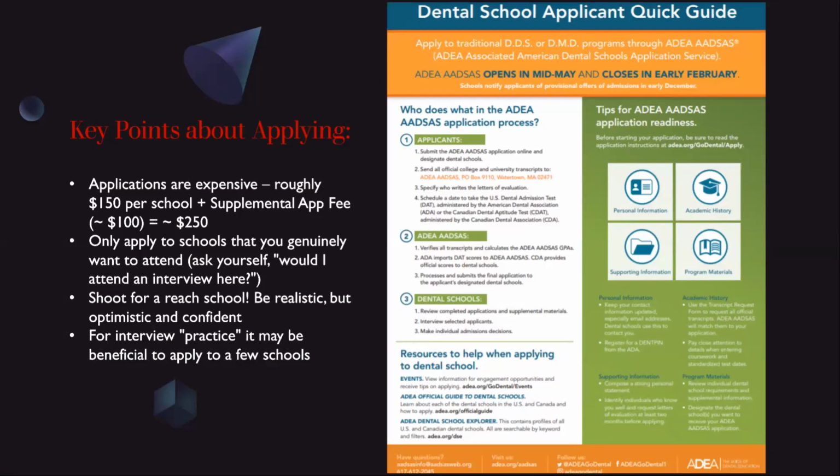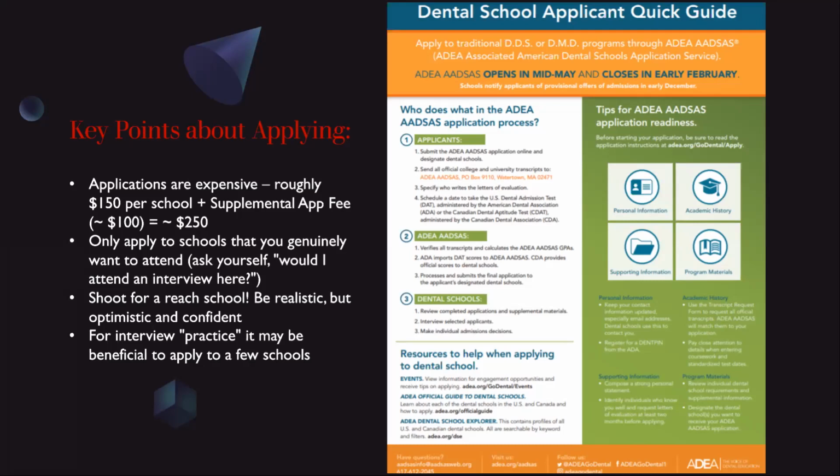And a lot of students who are applying think that they need to know what schools they're applying to from the get-go. But from my own experience and talking to others, a lot of people don't know the exact schools that they're going to apply to until it comes time to actually sit down and go through the application.